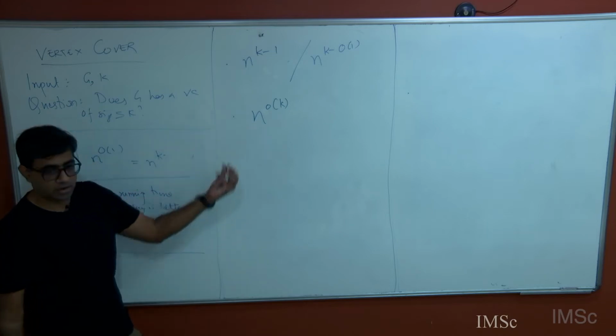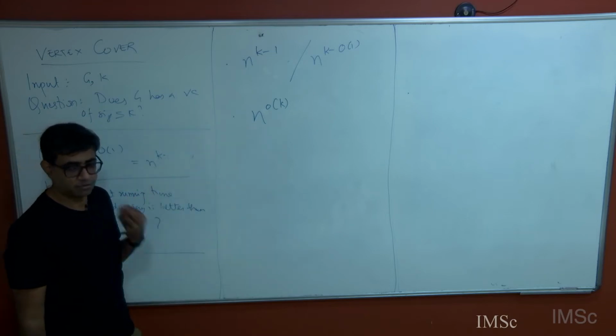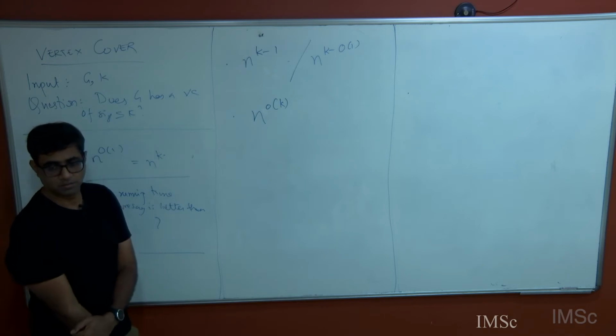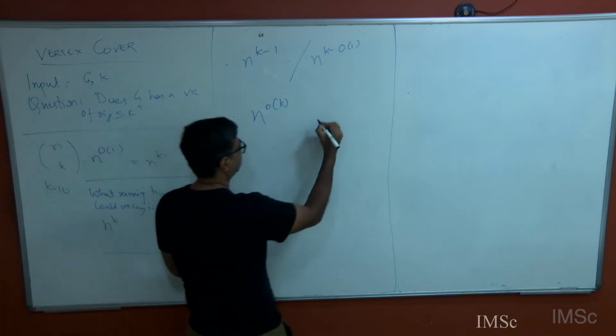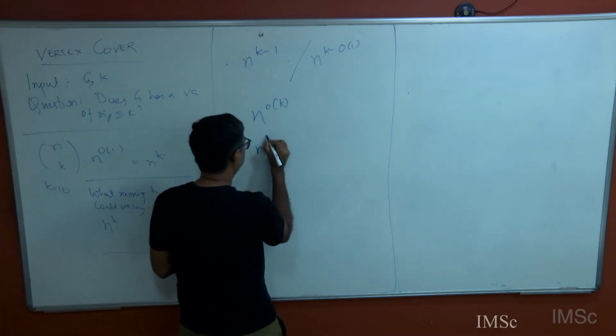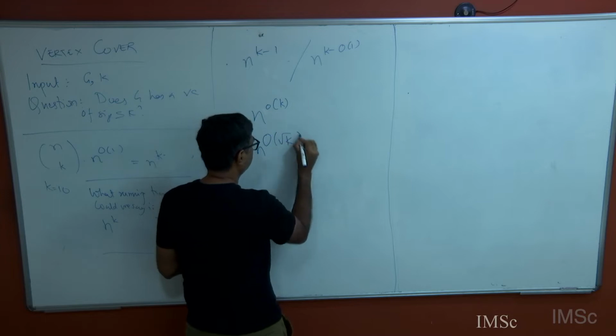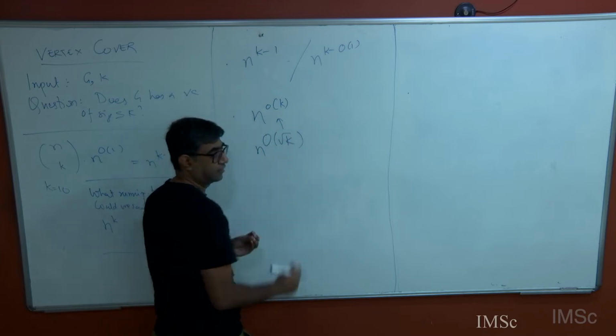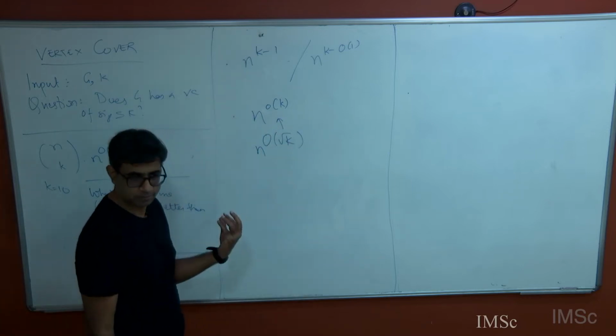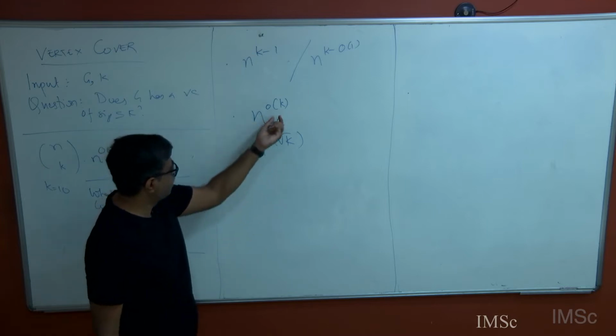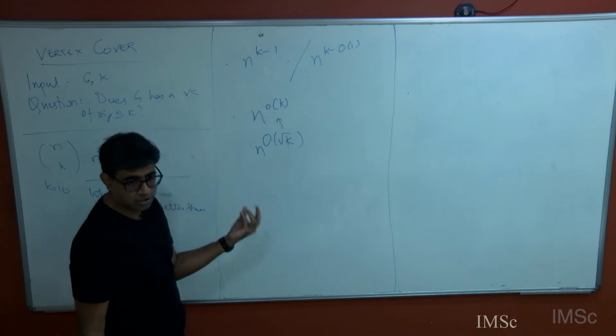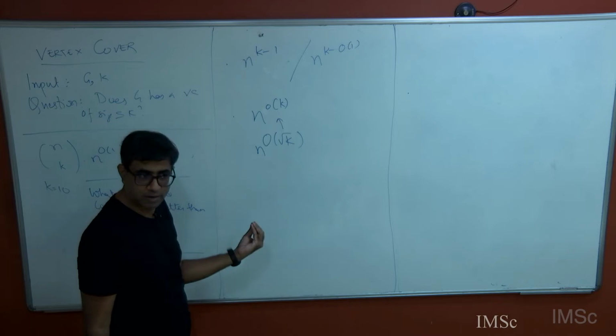Can you think of one? Very good. For example, if I had n to the power big O of root k, it is an algorithm of the nature n to the power little o of k. Basically, I'm going to replace the exponent with a function which is little o of k. That's all that we have to do.